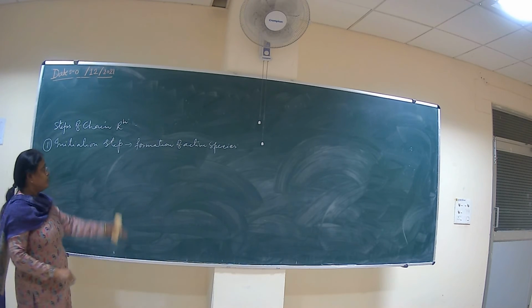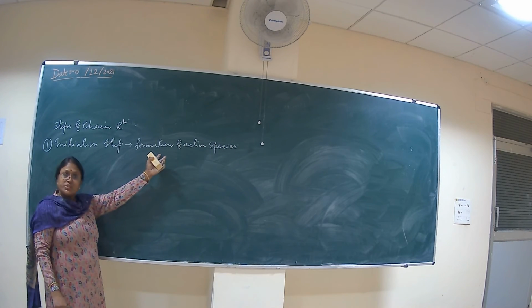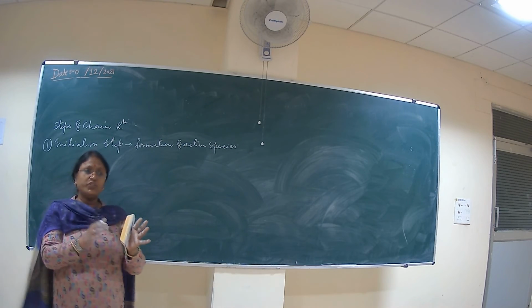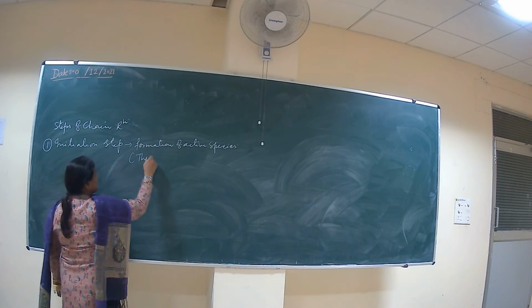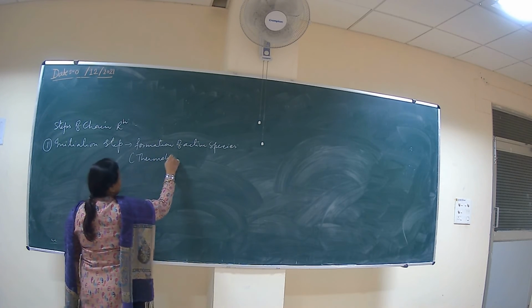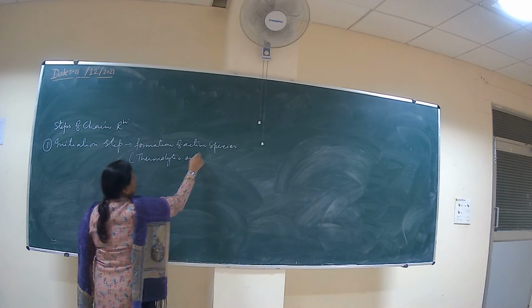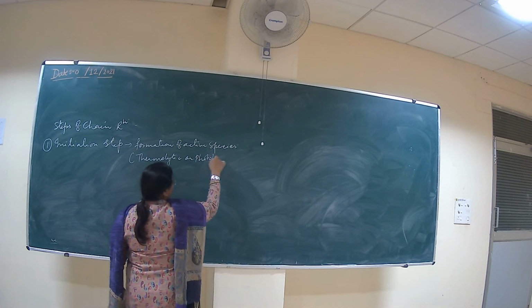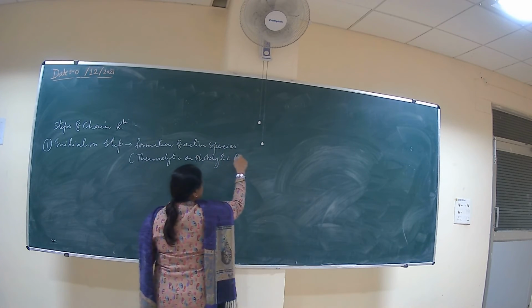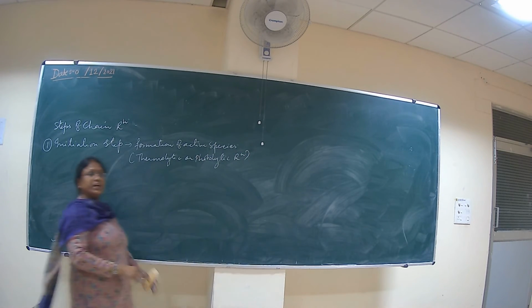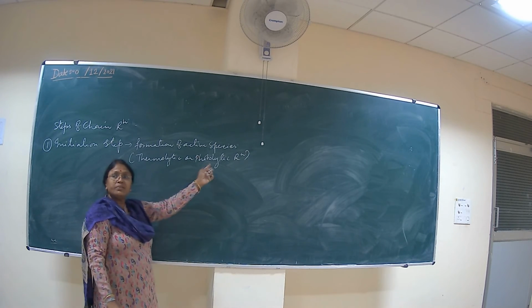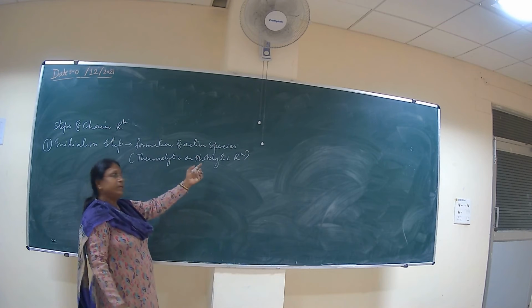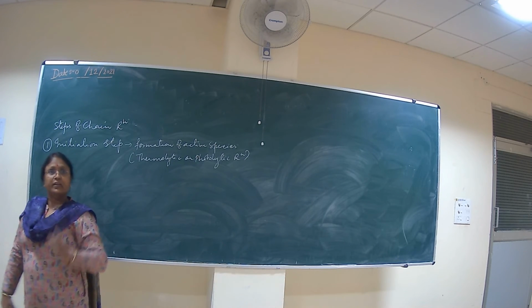Okay, so for the formation of the active species, either there is a photolytic reaction or there is a thermolytic reaction. तो यहाँ पर जो reaction होगा, that is it is a thermolytic or photolytic. Thermolytic means the reaction taking place at high temperature, and photolytic means the reaction taking place in presence of light energy or in presence of electromagnetic radiations.